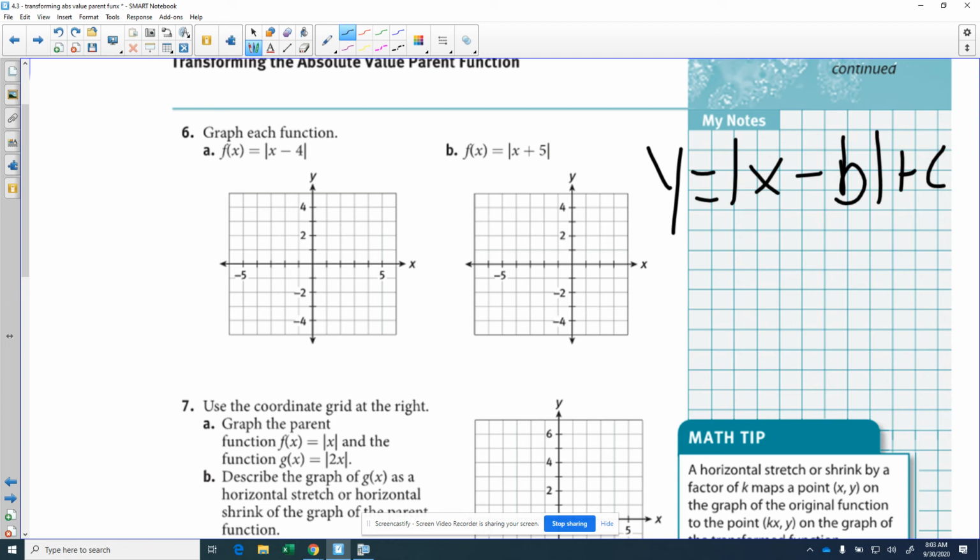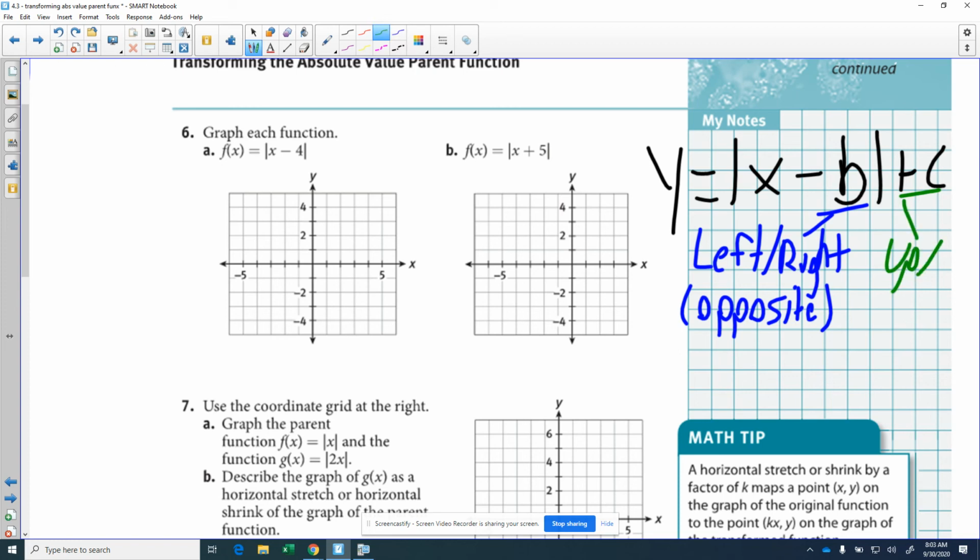We could add or subtract on the outside, add or subtract on the inside. The b value makes it go left or right, but the key thing to understand is that it's always opposite, while the c value makes it go up or down.